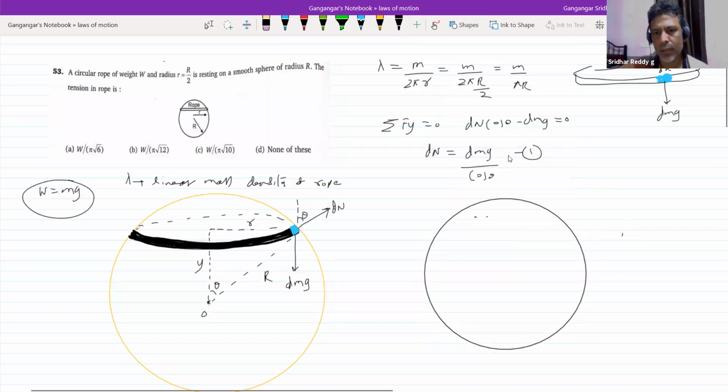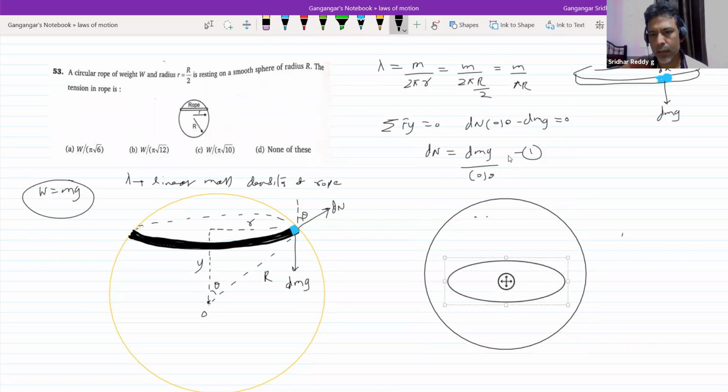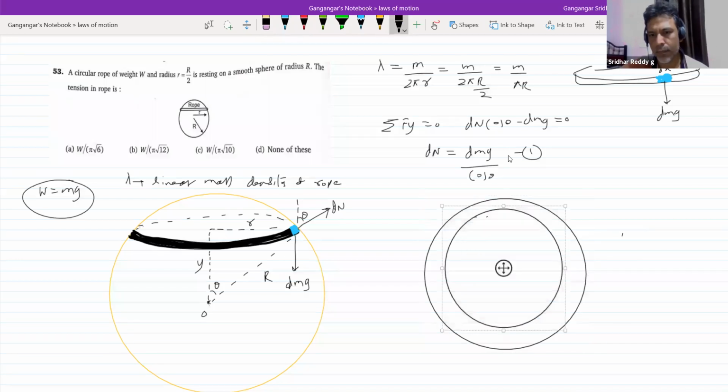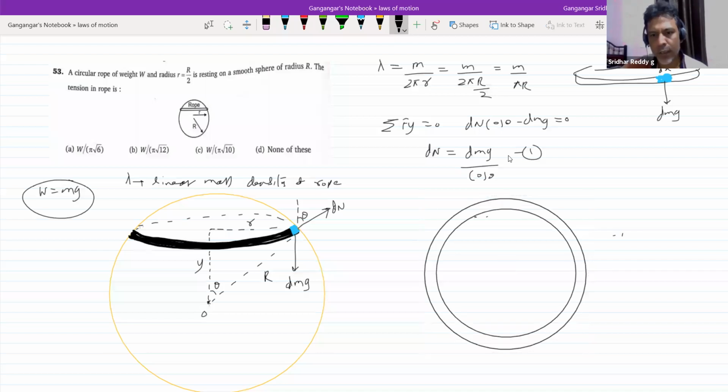I need one more circle. Okay, this is the center O, and you call C. O is the center of the smooth sphere. So here this is like a rope. Rope is what I'm showing here now. You are viewing from top. This is the top view. This is the side view.